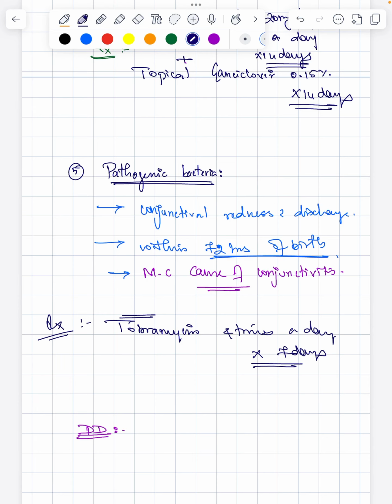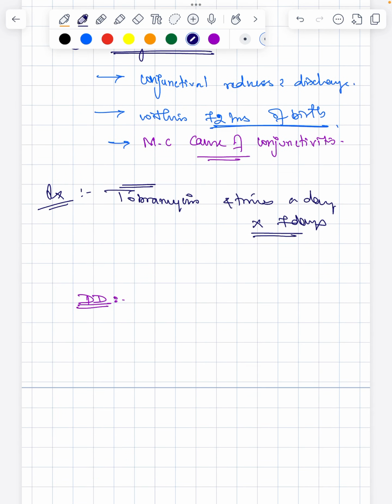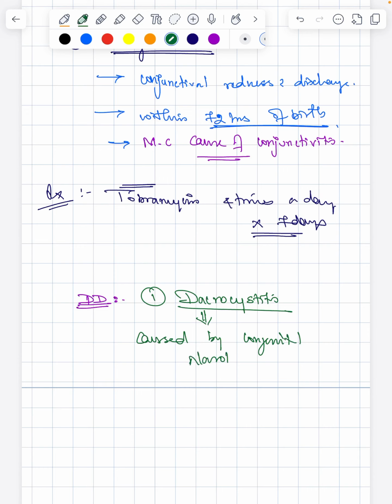Next, what is the differential diagnosis for your ophthalmia neonatorum? First one is your dacryocystitis, which is caused by congenital nasolacrimal duct obstruction, leading to a distension of your lacrimal sac.